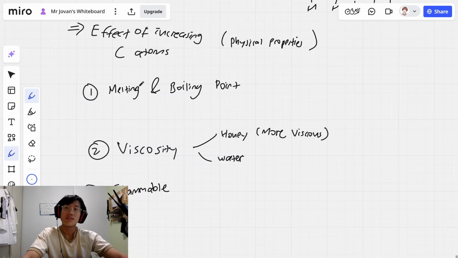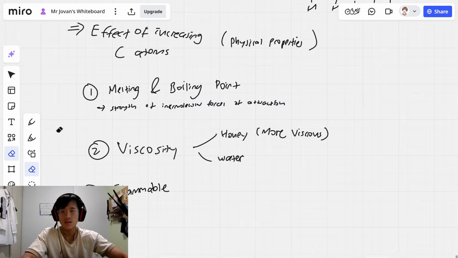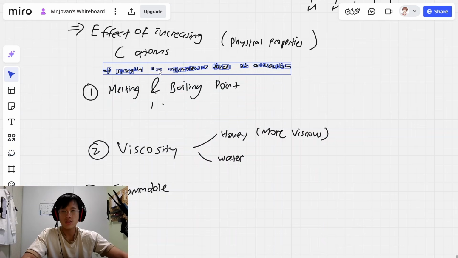What is melting and boiling point dependent on? The strength of our intermolecular forces of attraction. Yes, it depends on the strength of intermolecular forces of attraction. Instead of labeling it down here, I'm just going to put this on top because this is the effect of increasing C atoms.